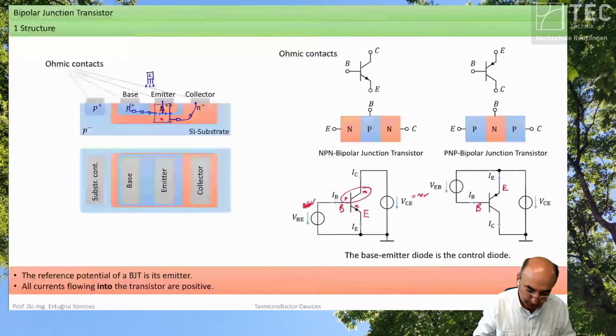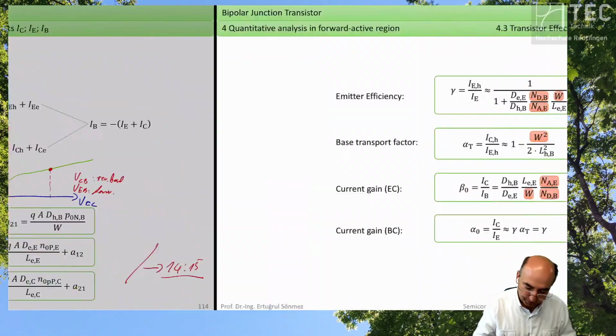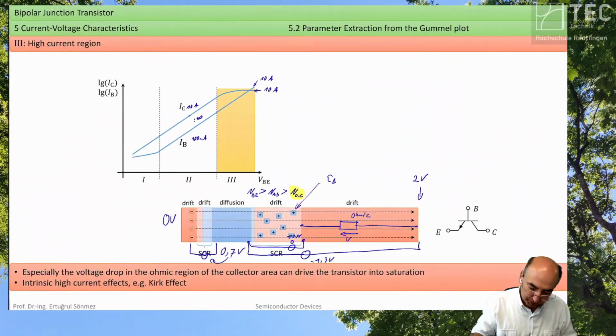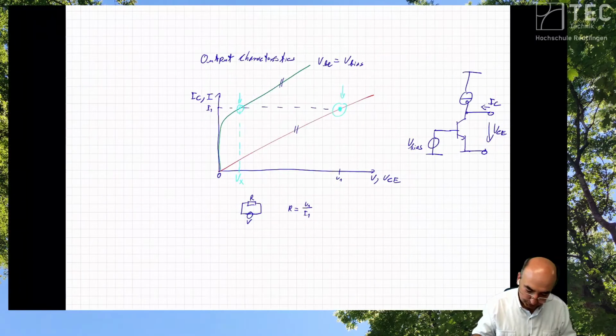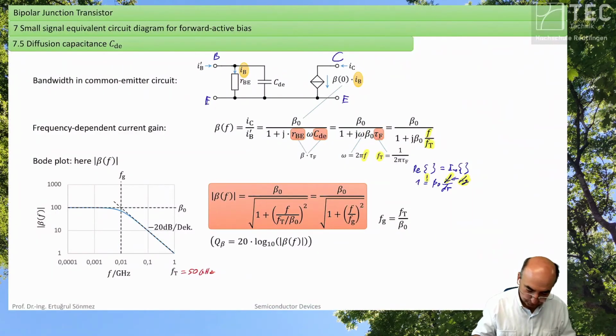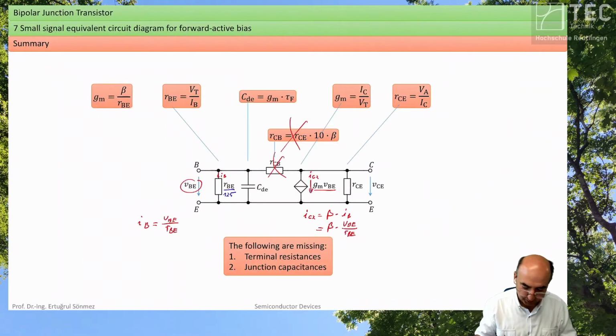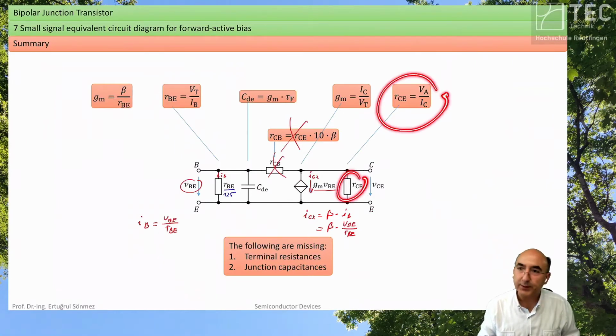Okay, let's go back to the point where we are now, almost at the end of the bipolar transistor. Here we are. And all that stuff we could have done with the early voltage. No, with the differential resistance at the output.